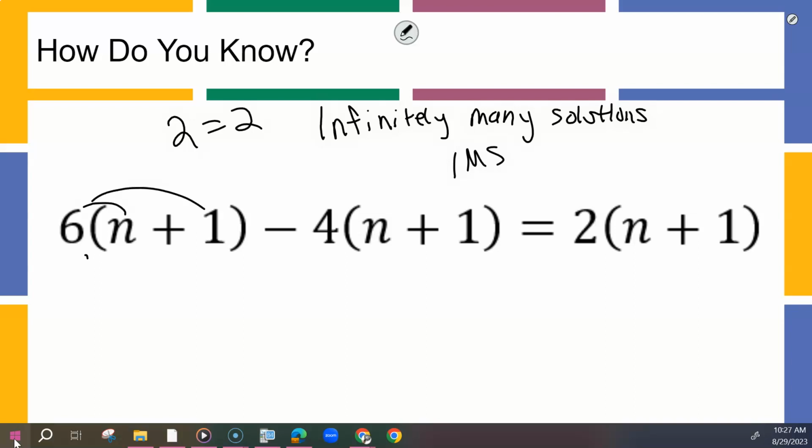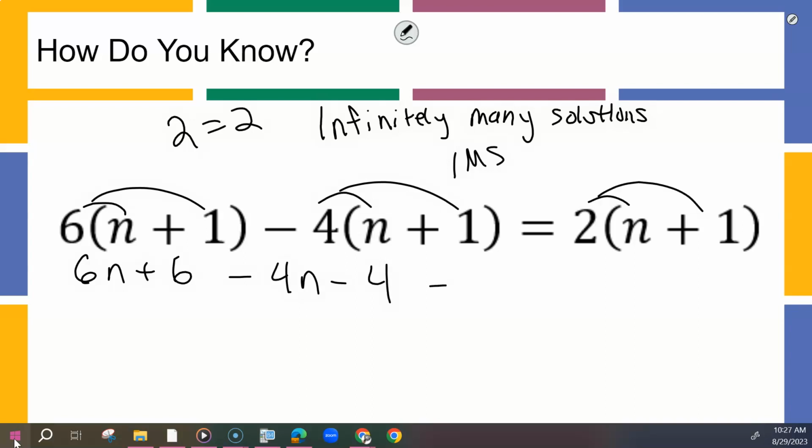Okay. And then the other parentheses. Okay. And this one too? And then combine 6 and 4 together. Or 3 or 4.